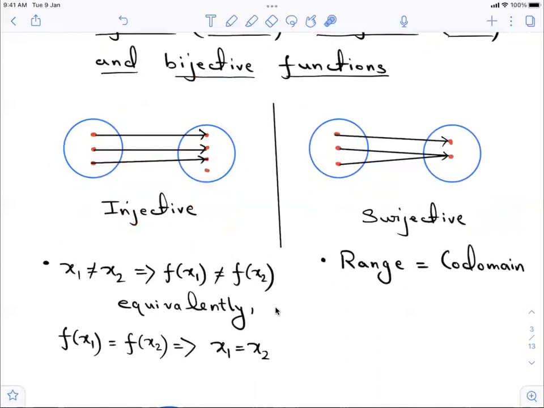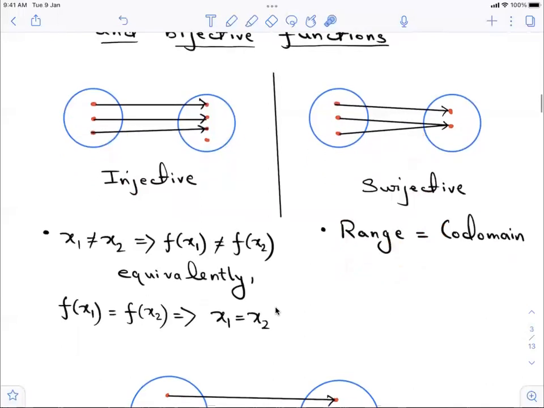And surjective means that everything in the codomain is an output. In other words, range is codomain. And what is range? Range is the set of all images, and this must be equal to the codomain for the function to be surjective by definition. So that's injective and surjective.